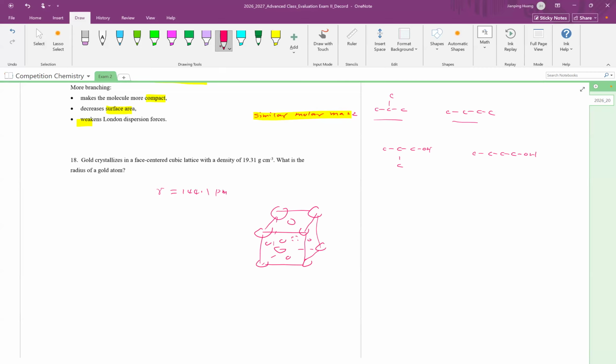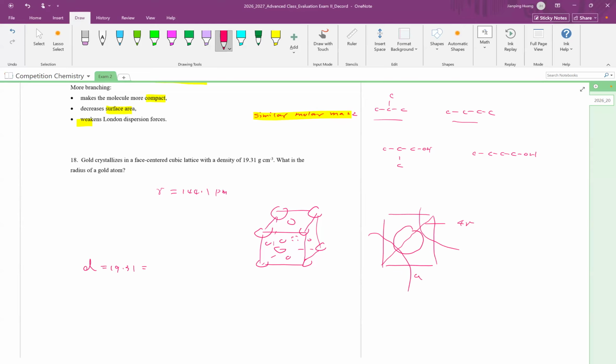That's a CCP. Now, if I'm going to draw it, I draw this way too. Right? So you know what this is? That equals 4R. What's this? That's the A.